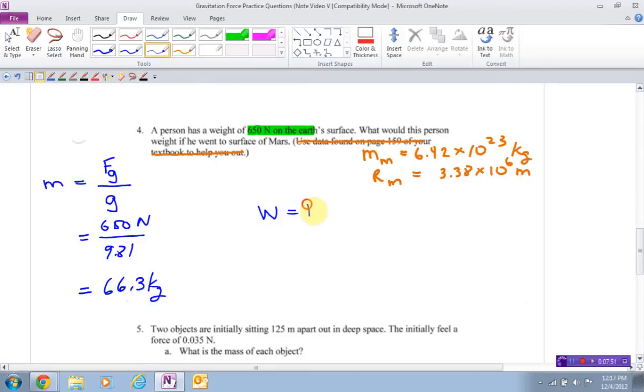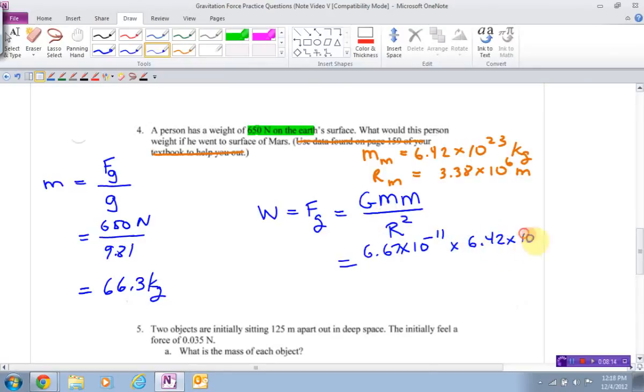Weight equals force of gravity, which you can get by going GMm all over r squared. Well, this time we're going to use the universal constant of 6.67 times 10 to the minus 11, the mass of Mars, 6.42 times 10 to the 23rd, the mass of this person, 66.3 kilograms, and we're going to divide it by the radius of Mars squared because we want the force on the surface of Mars.